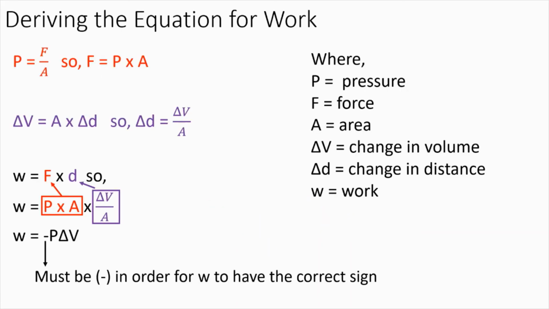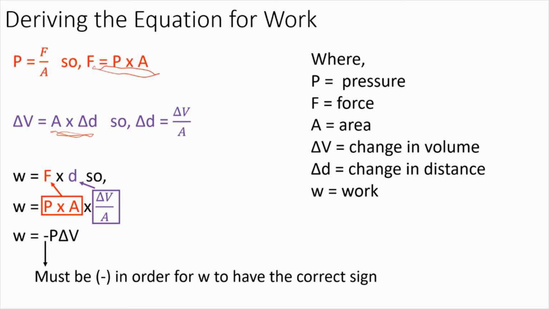So let's derive the equation for work. Pressure is force divided by area. So I can rearrange the equation so that force is pressure times area. And the change in volume is the area times the change in distance.